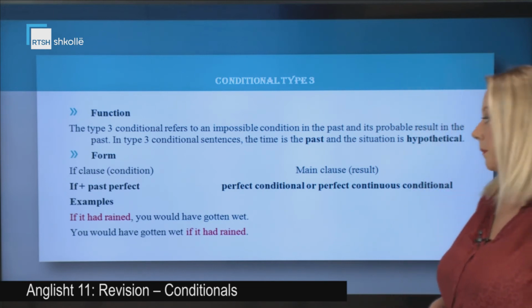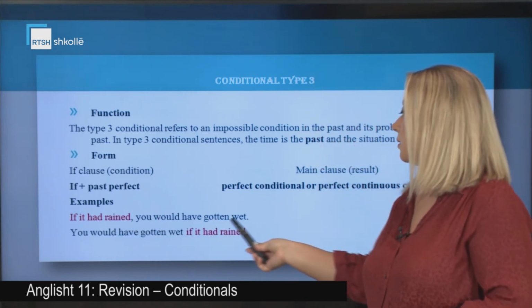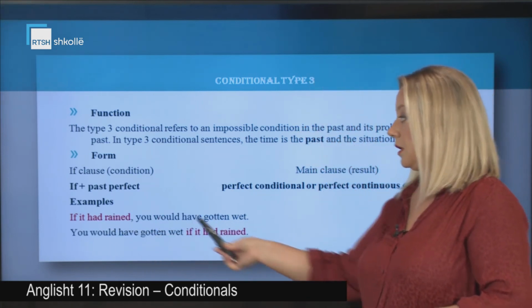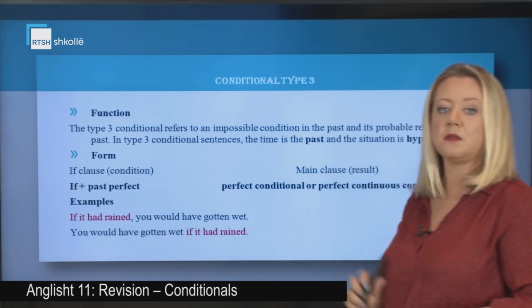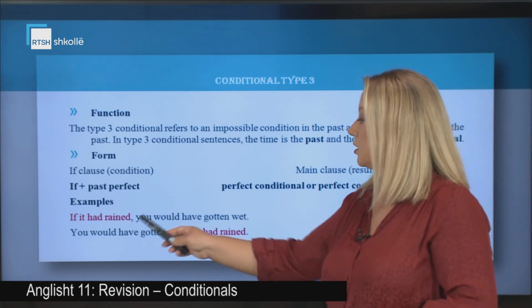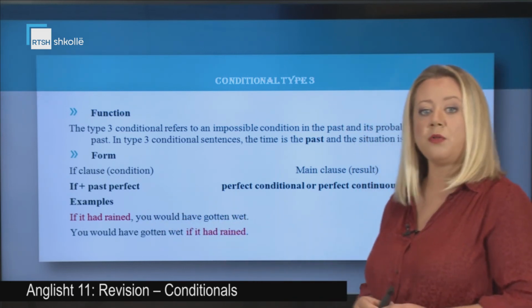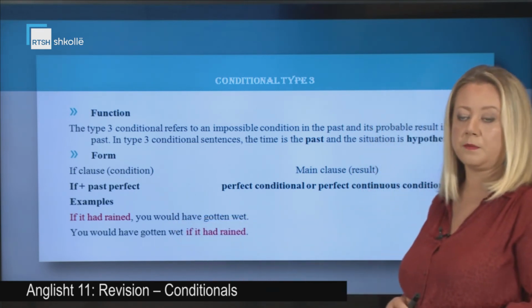For example, if it had rained, you would have gotten wet, but it didn't rain, so you didn't get wet. Do you see here? The condition and the result are both in the past, and the whole situation is hypothetical.